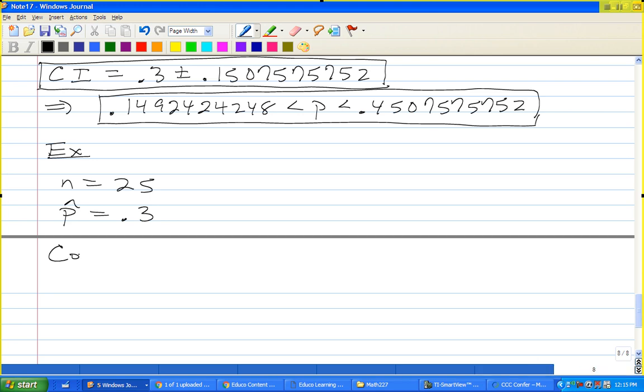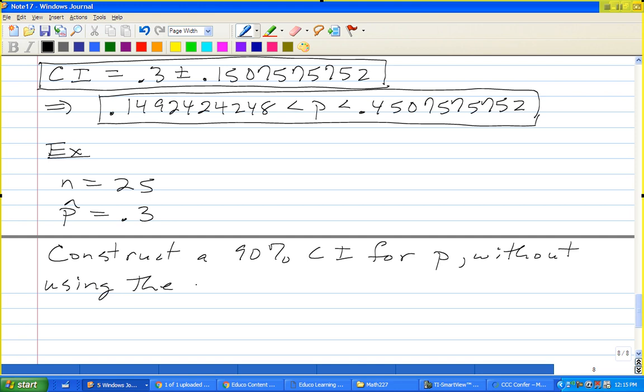And I want to construct a 90% confidence interval for estimating the true population proportion. And let's do this without using the normal approximation. So this will just be doing it the way you're supposed to do it, without actually using an approximation.